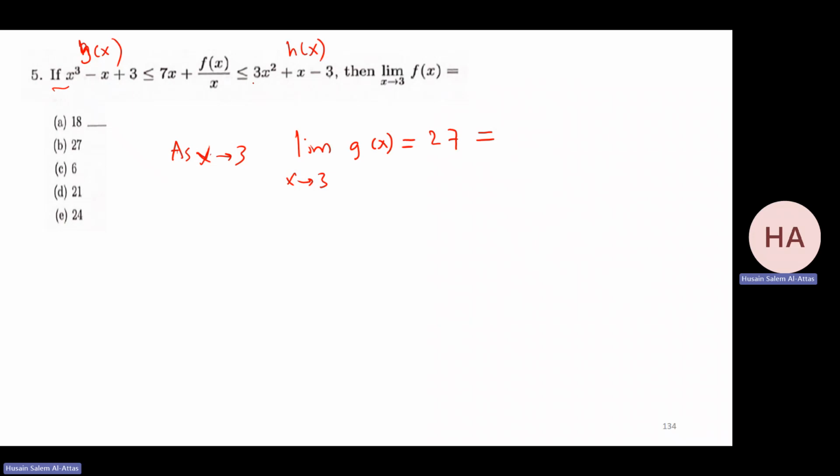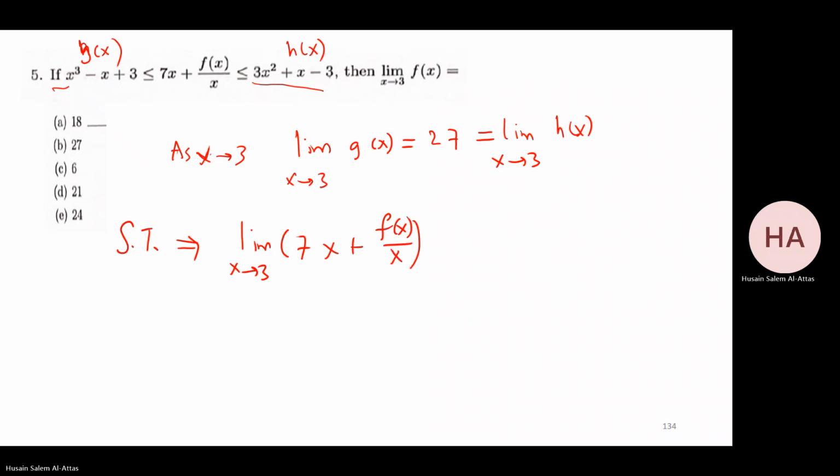It's the same if we substitute x into the polynomial: 27 plus 3 minus 3, which is the same as the limit of h of x as x goes to 3. The squeeze theorem implies that the limit of the function in the middle exists, and it is equal to 27.